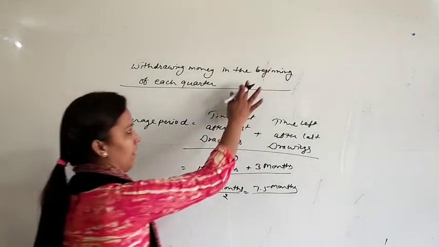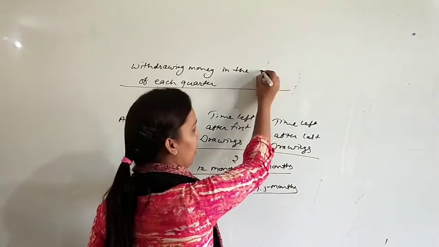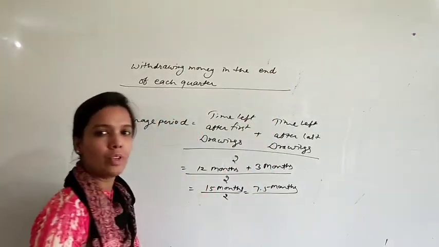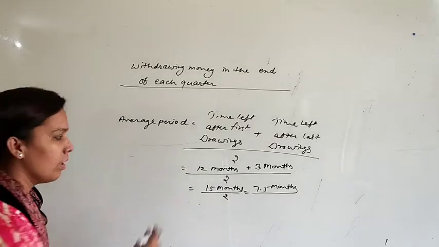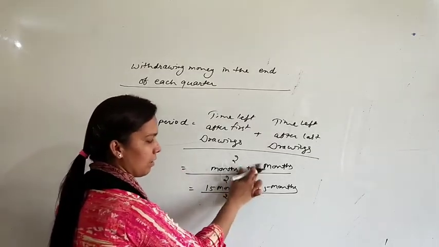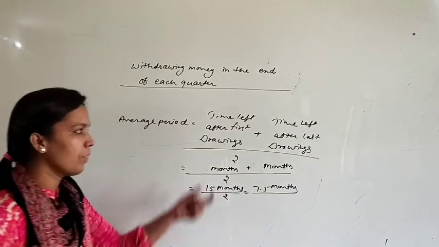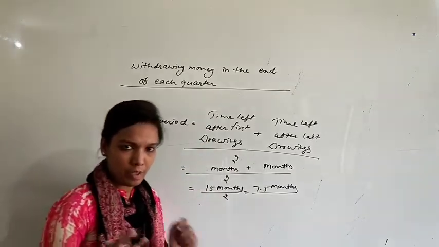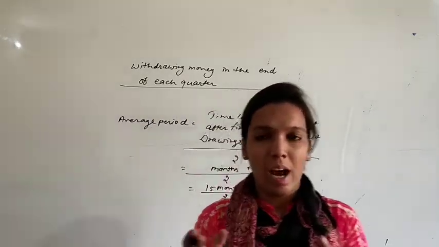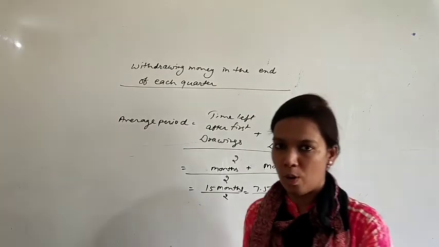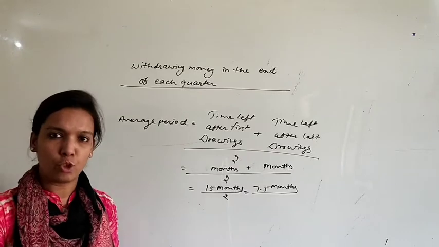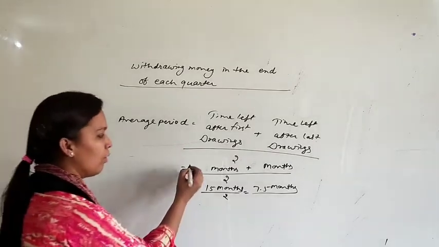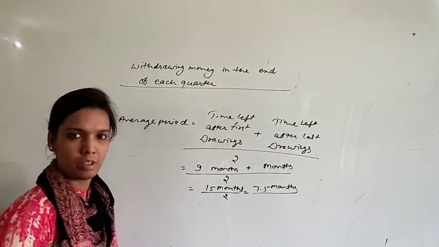Okay. Next one, if you are withdrawing money at the end of each quarter. Same formula. Now only the time period in months will change. Time left after first drawing: when you withdraw the money at the end of each quarter, it means April, May, June, at the end of June, so after the first drawing you will have 9 months left.